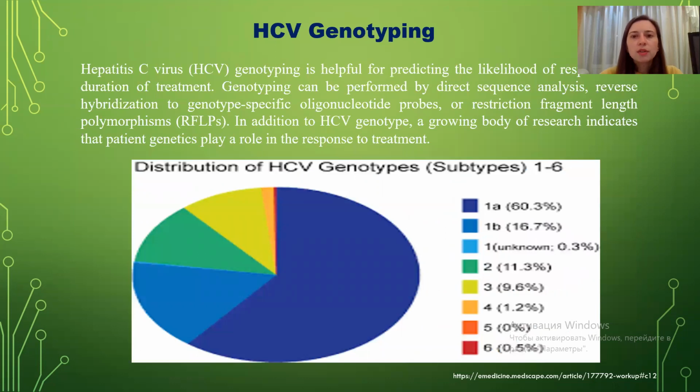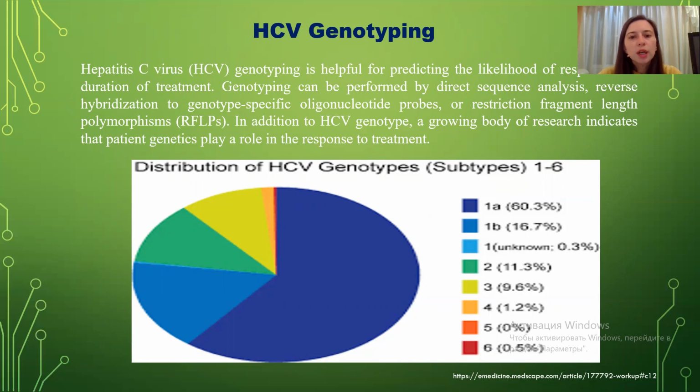And HCV genotyping. Hepatitis C virus genotyping is helpful for predicting the likelihood of response and the duration of treatment. Genotyping can be performed by direct sequence analysis, reverse hybridization to genotype-specific oligonucleotide probes, or restriction fragment length polymorphism.